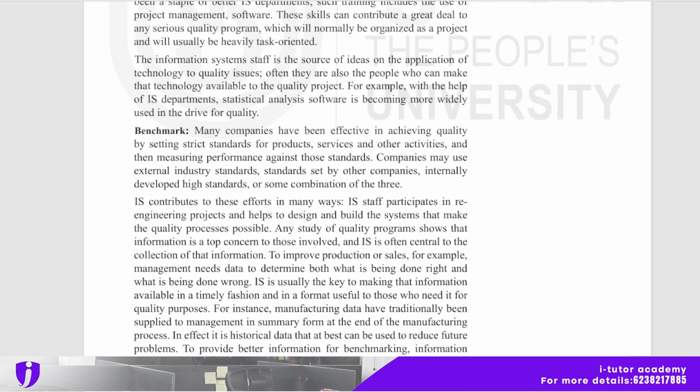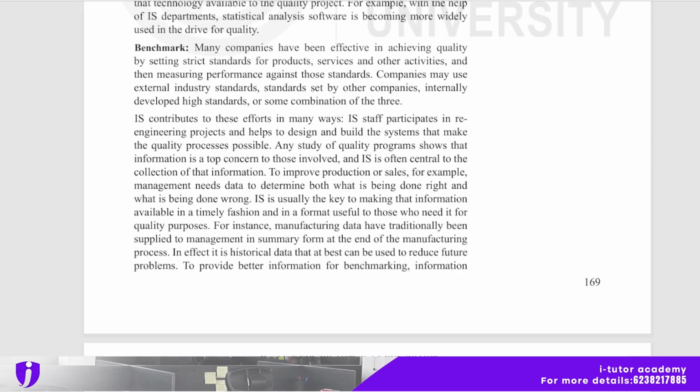Benchmark. Many companies have been effective in achieving quality by setting strict standards for products, services, and other activities and then measuring performance against those standards. Companies may use external industry standards set by other companies, internally developed high standards, or some combination of the three.